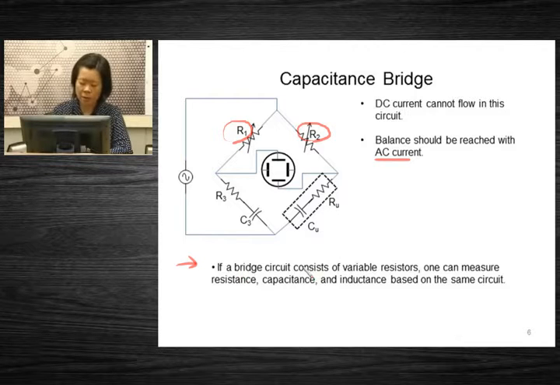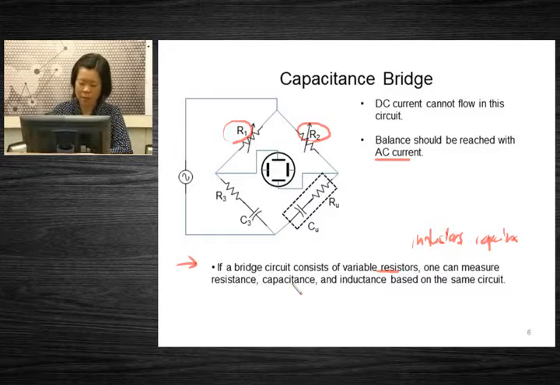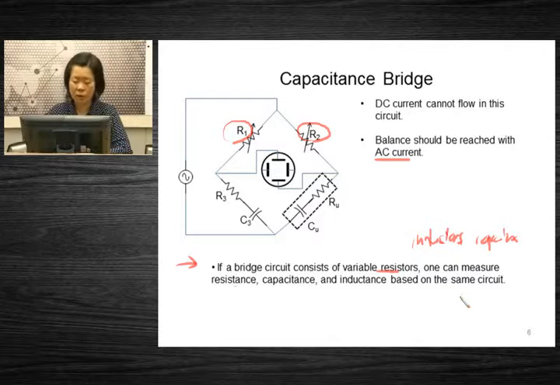If a bridge circuit consists of variable resistors and variable inductors or capacitors, one can measure resistance, capacitance, and inductance based on the same circuit. So somebody can construct a bridge which can measure all three unknowns at the same time.